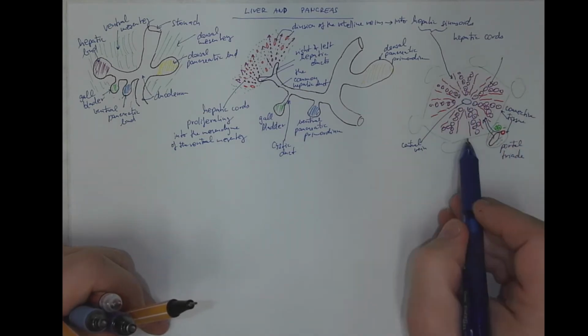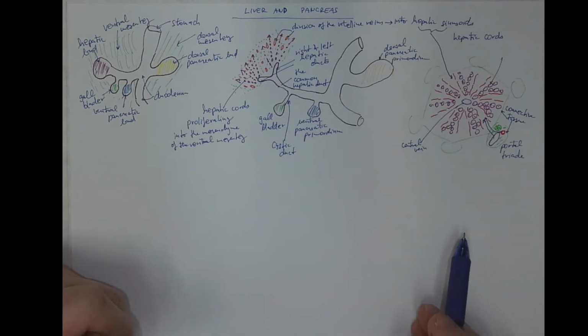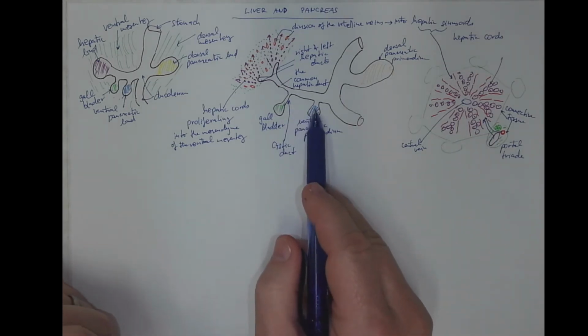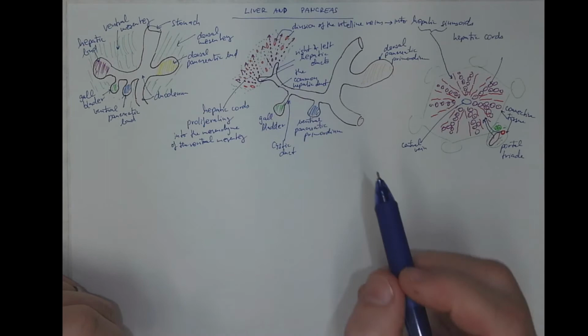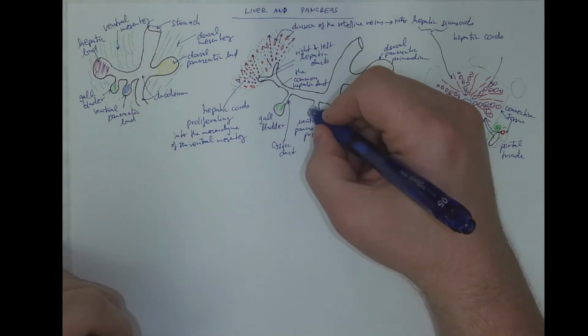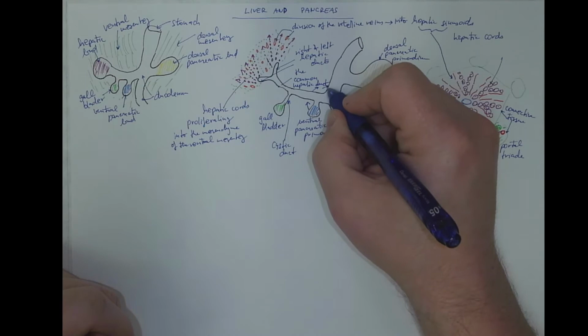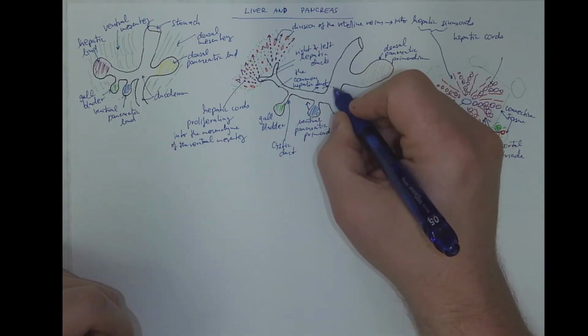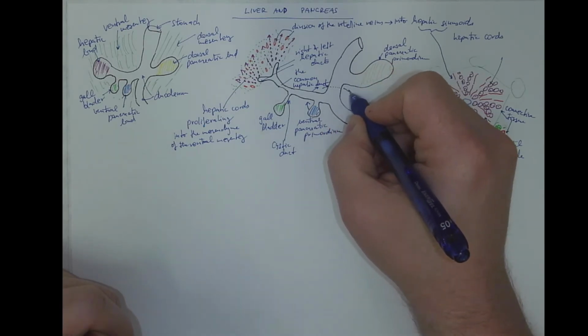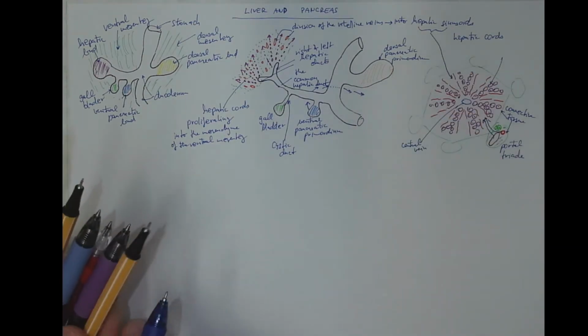So now we understand the embryonic origin of this histological structure of liver. Let's go back to these organs. Now the important point is the ventral pancreas will rotate here behind the duodenum towards the dorsal pancreas to join it.